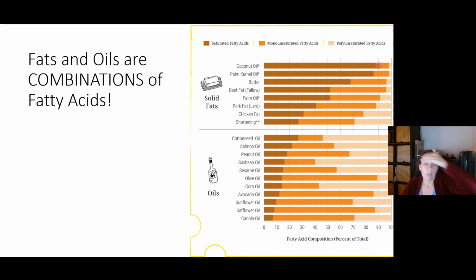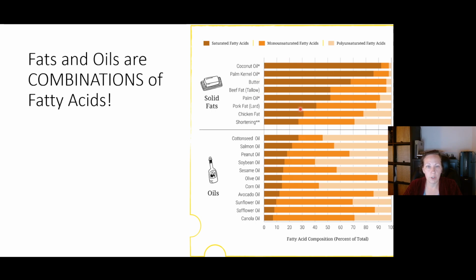This in general, oils are going to contain a greater total of monounsaturated fatty acids and polyunsaturated fatty acids than fats.